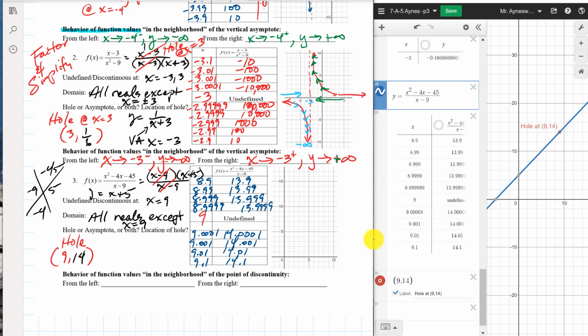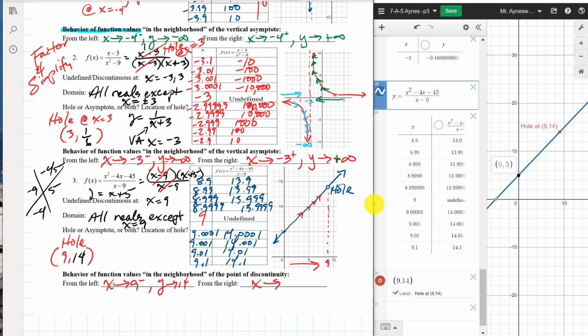So just use your table. You have a hole at 9 comma 14, so go right 9, up to 14, and plot a hole. Your y-intercept is at 0 comma 5. Here's your line. Just sketch it, and there's your hole. Not too hard. The hole's at 9. When you're coming from the left, the function's increasing, so as x approaches 9 from the left, y is approaching 14.